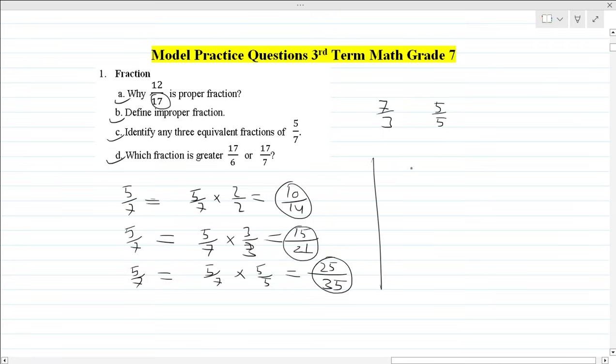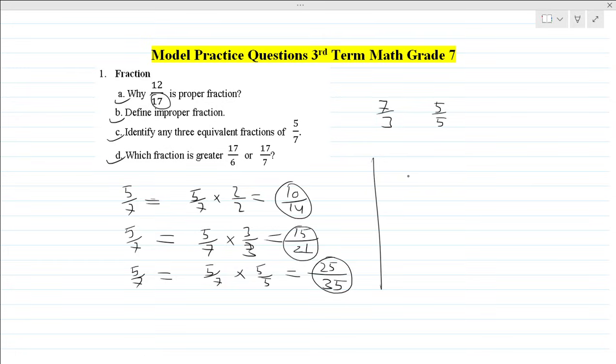Now after C, let's go with D. So here is the second question, which says: which fraction is greater, 17 by 6 or 17 by 7? If the denominator is the same, just by comparing the numerators you can say which is greater. But here the numerators are the same and the denominators are different.